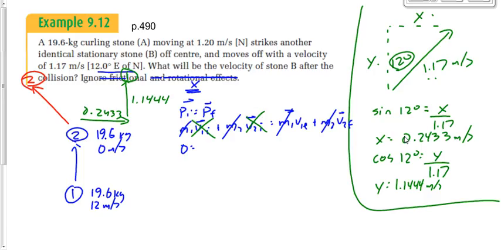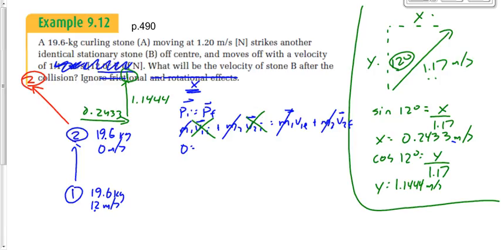What is it? Sorry, wait a sec here. We got rid of the 1.17. It's done, right? We're never going to use that again. We resolved that. We got rid of a funny angle, 12 degrees south of east, 1.17 meters per second, and we changed it into 0.2433 to the right and 1.144 upwards.